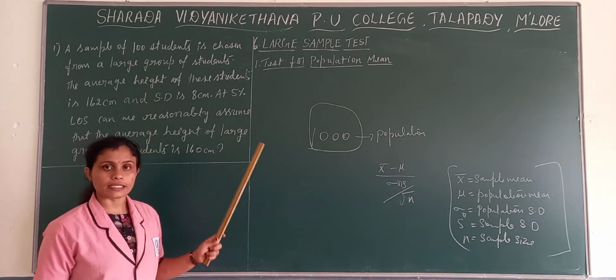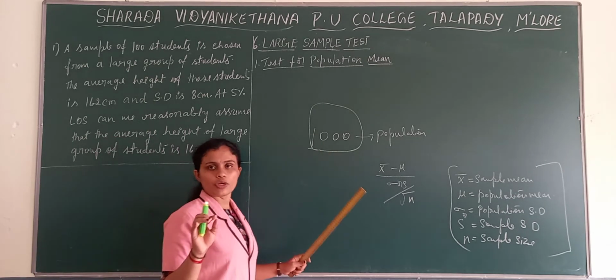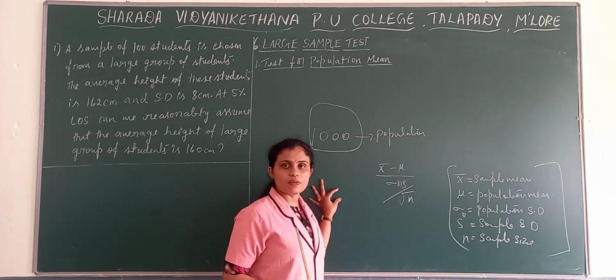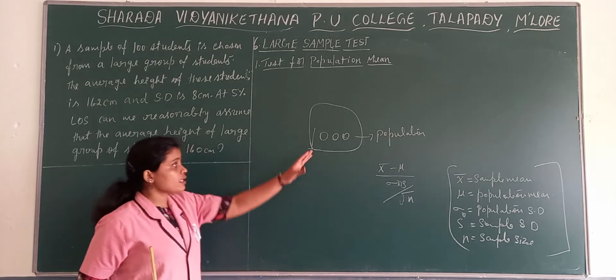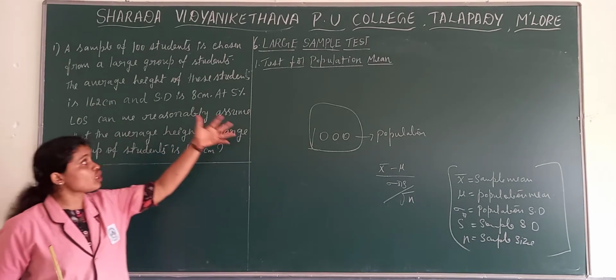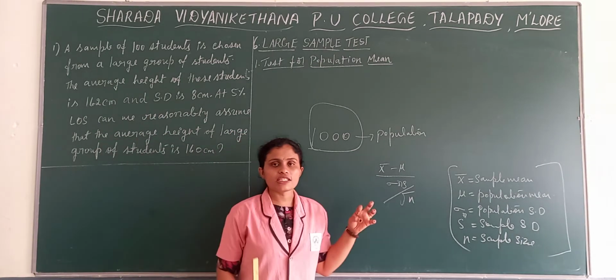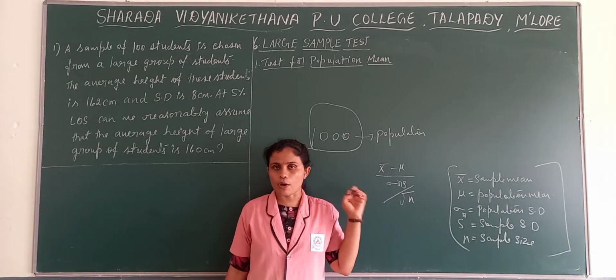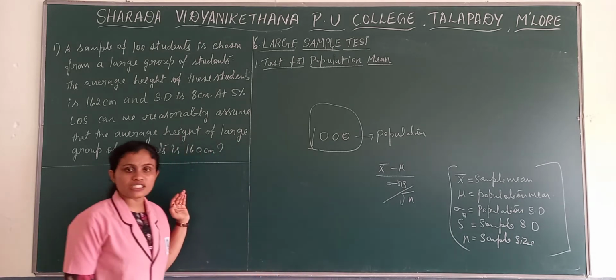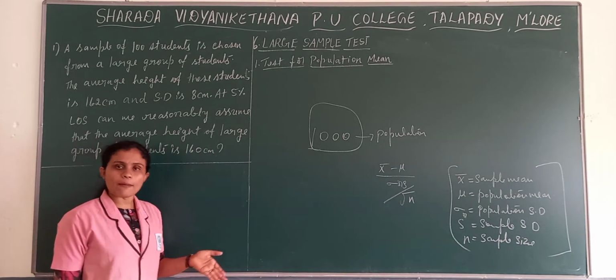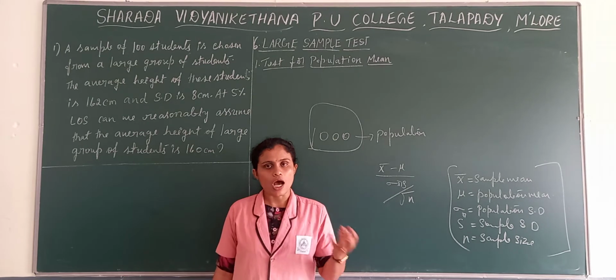That population number will not be given in the problem. Only the sample we select from that population will be given, and based on that sample we conduct the survey or study.